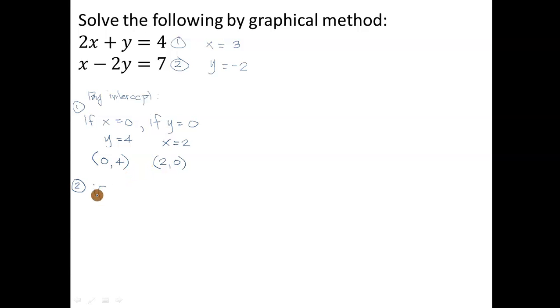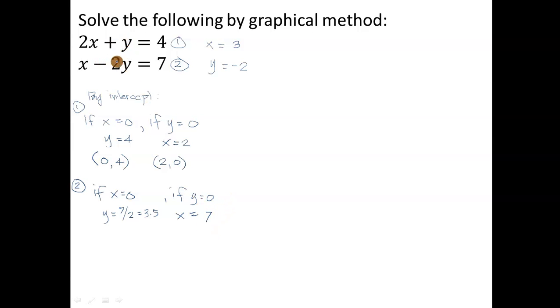Okay, in equation 2, if x is 0, the value of y will be equal to 7 over 2, or that is 3.5. And then, if y is equal to 0, the value of x will be equal to 7.